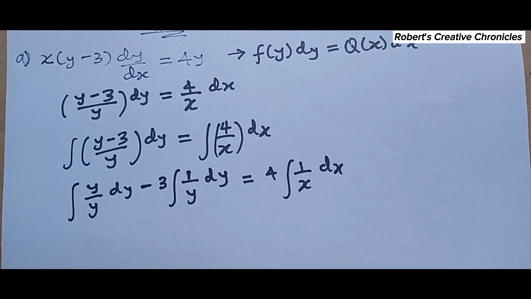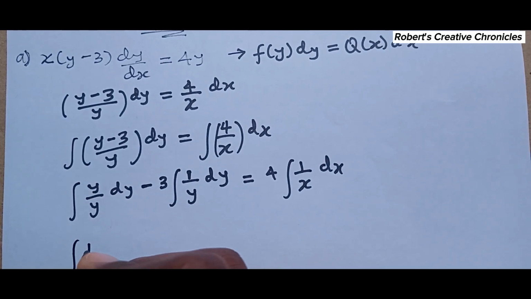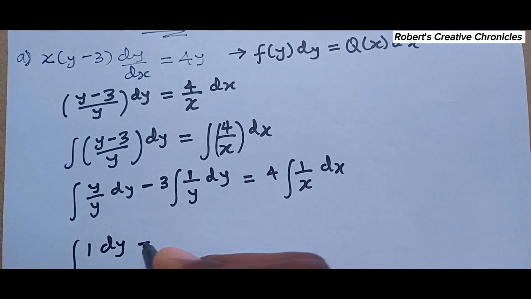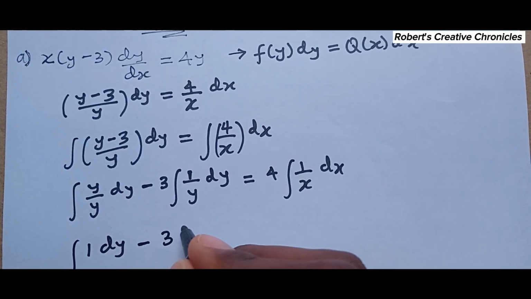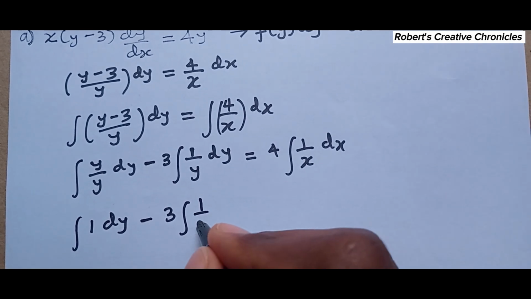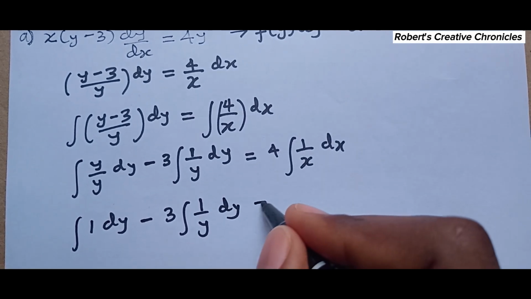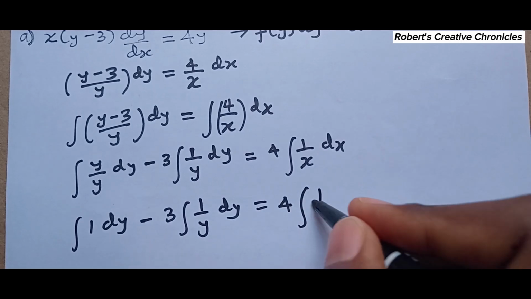So this one gives us what? Integral of 1 dy minus 3 integral of 1 over y dy equals 4 integral of 1 over x.